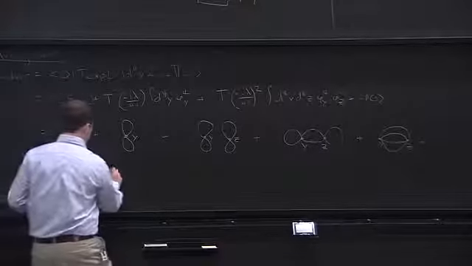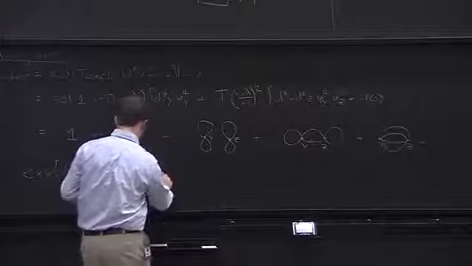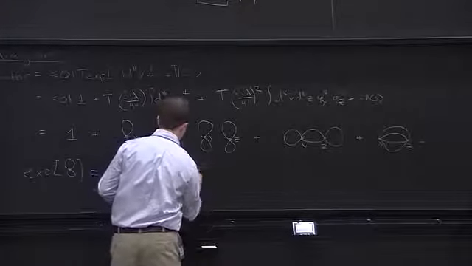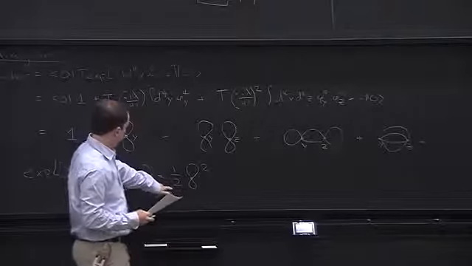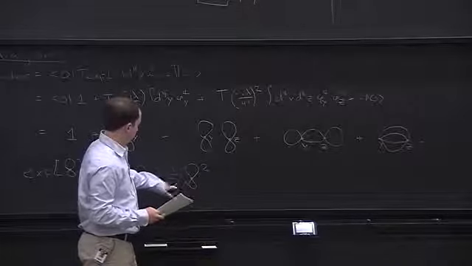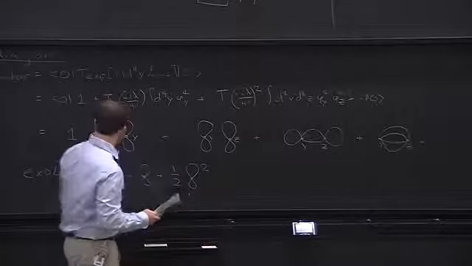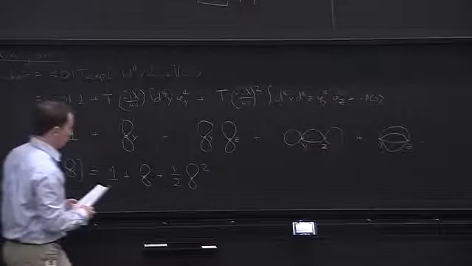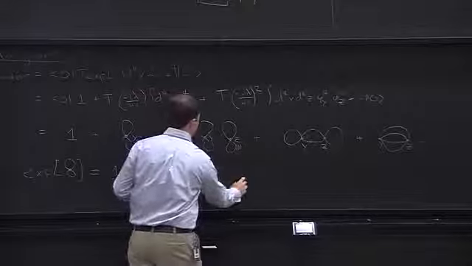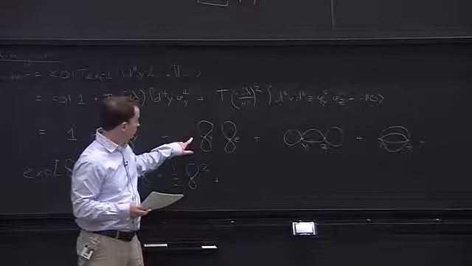So the exponential of the diagram is 1 plus this diagram plus a half of this diagram squared. And if we're comparing this product of diagrams to this diagram, we've got this extra factor of a half that comes from expanding the exponential. But this is a single diagram, and it doesn't matter.